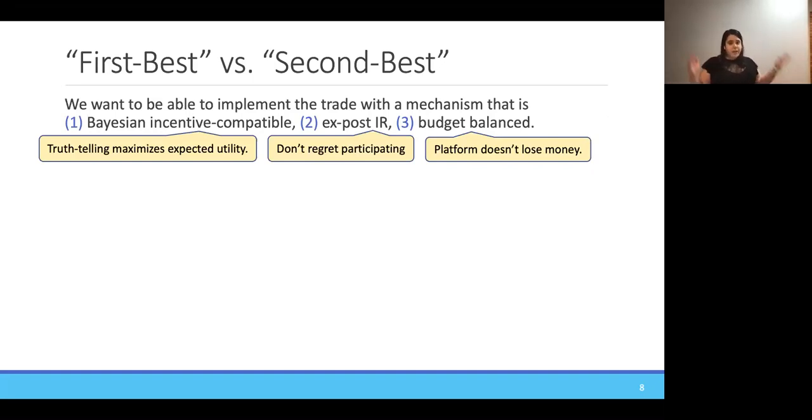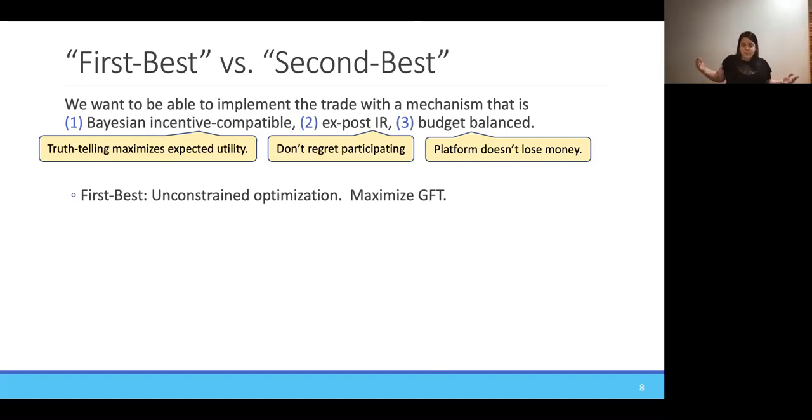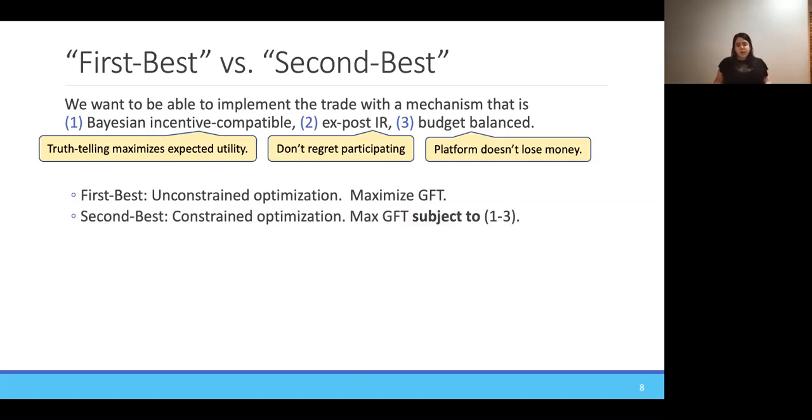If you're thinking from a computer science standpoint, the first best is unconstrained optimization. We're just maximizing gains from trade, and we're hoping that when we maximize it subject to no constraints, it satisfies properties 1 to 3. That's what first best is. Second best says we're going to add the constraints: we maximize gains from trade subject to constraints 1 to 3.